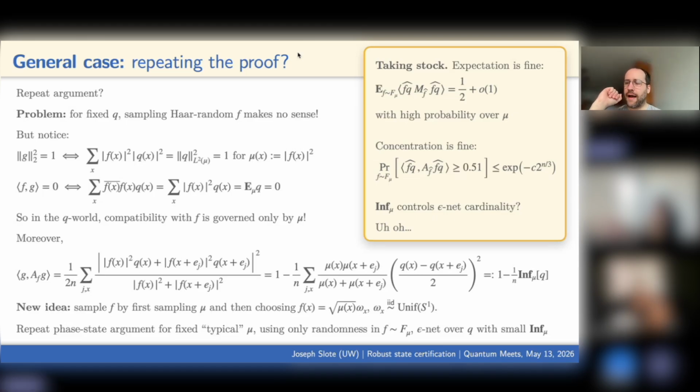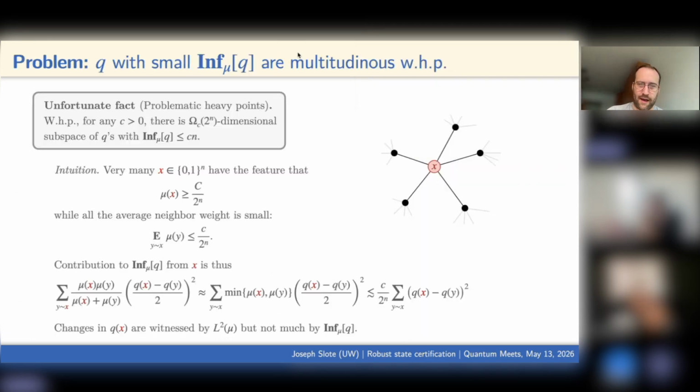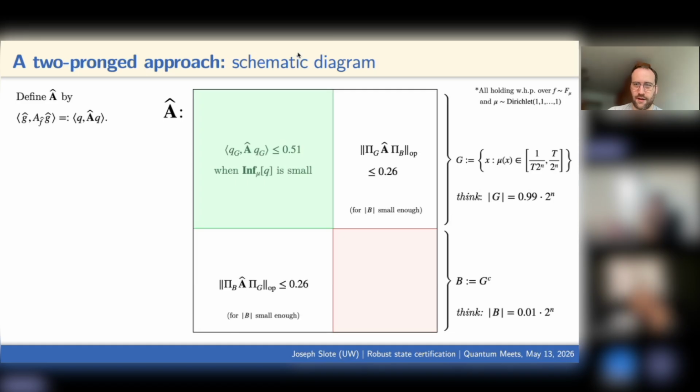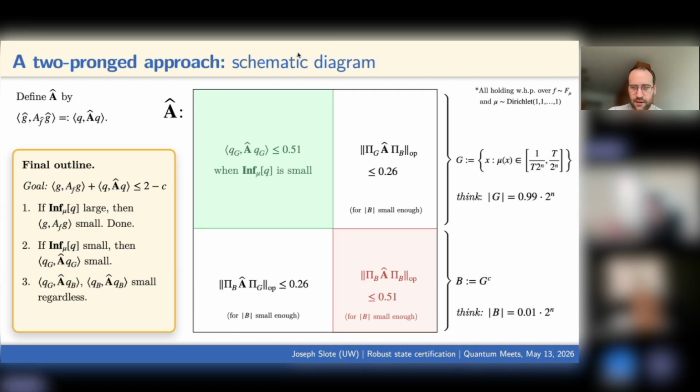And so you end up having to split the hypercube into a good part and a bad part, and repeat the earlier argument on the good part of the cube and do something different on the bad part of the cube. I'm happy to explain why and how and so on, but I'll skip this for now and just say the argument, after some more work, can be essentially extended.